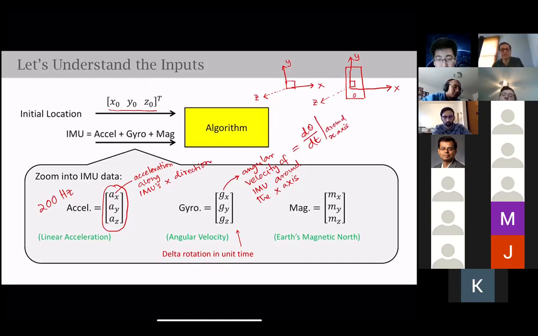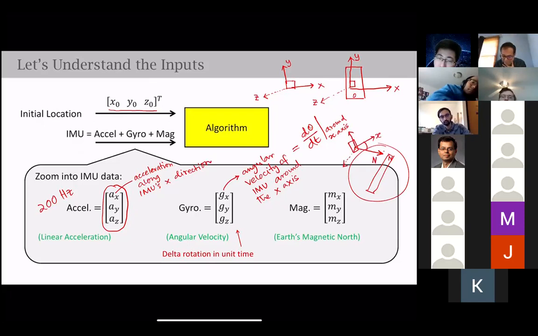Finally, the magnetometer is basically measuring the Earth's magnetic field. Earth has a magnet like that, and that's north. So your phone looks at this 3D vector towards the Earth's magnetic field. What mx, my, mz gives you is the projection of this 3D magnetic field onto the x-axis, y-axis, and z-axis.